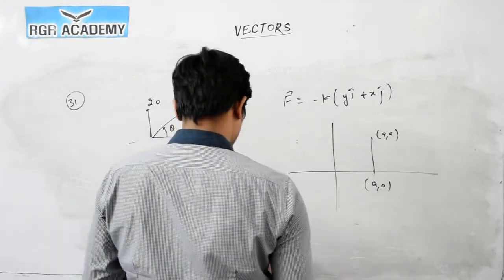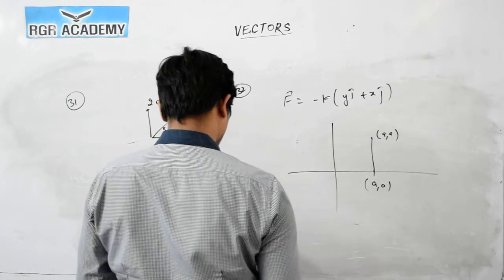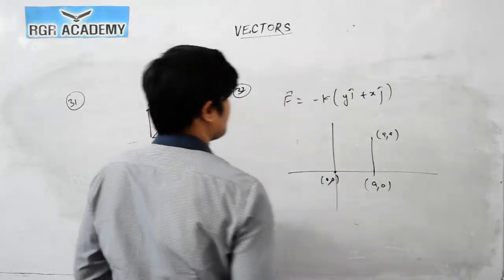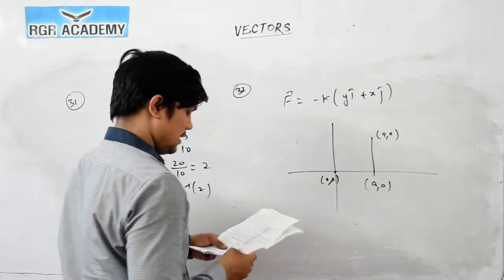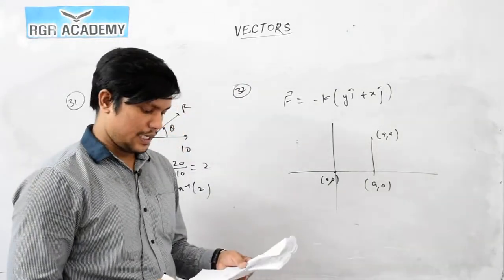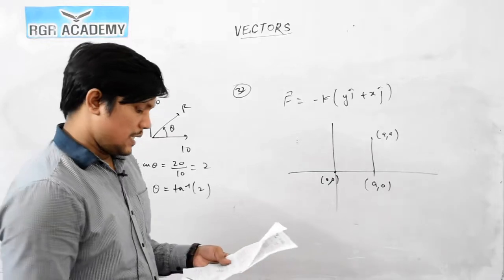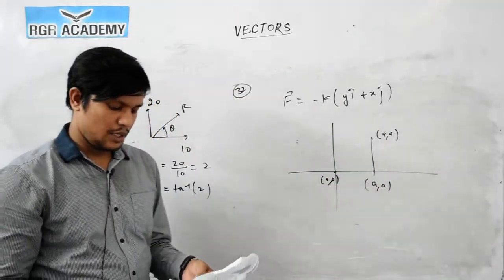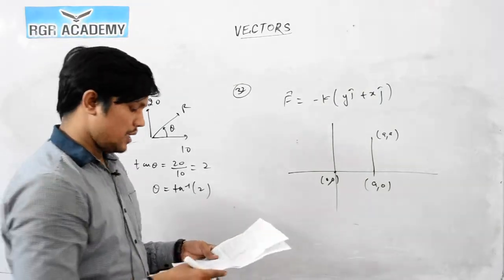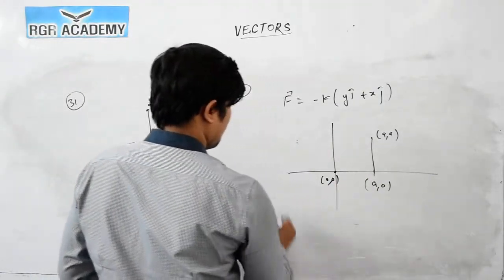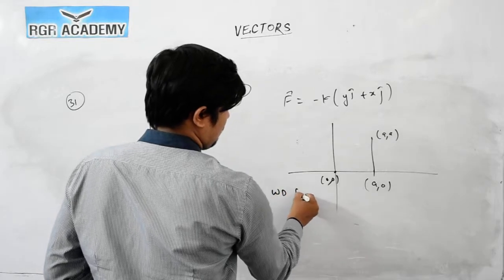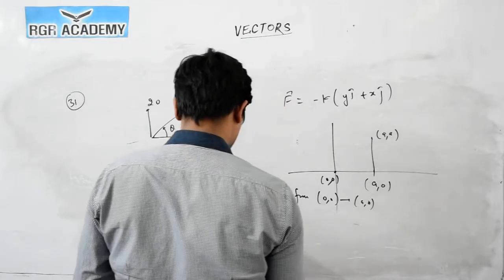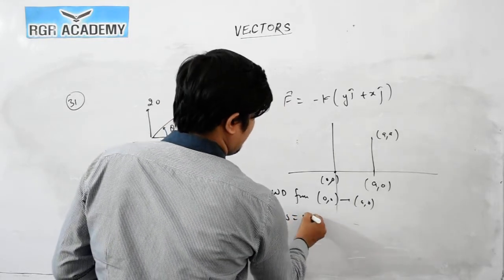So for the displacement from 0 comma 0 to a comma 0, the force responsible is the force acting along the x direction. And from a comma 0 to a comma a, the vertical force is responsible. First we will calculate the work done from 0 comma 0 to a comma 0. Work done is given by F dot r.